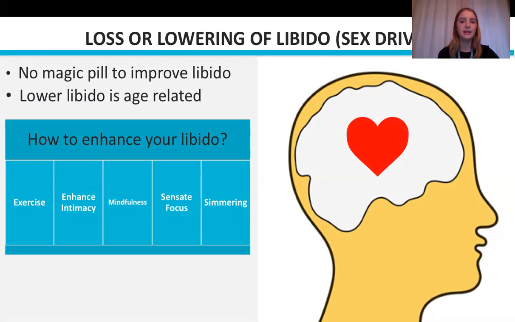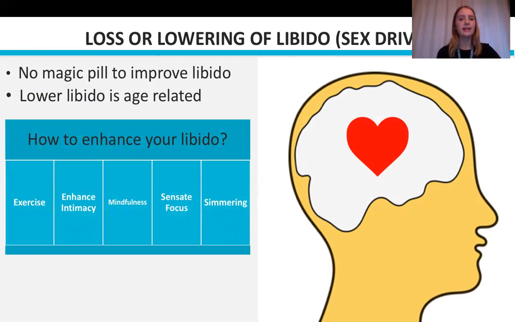Building intimacy with your partner, having those feelings of closeness and connection. Practicing mindfulness, being aware of your thoughts and feelings in the present moment without judgment or criticism.